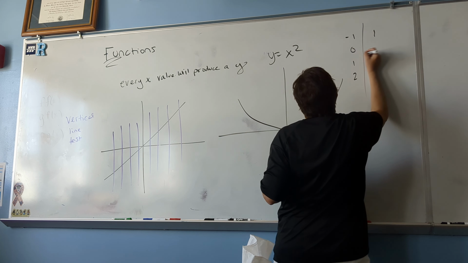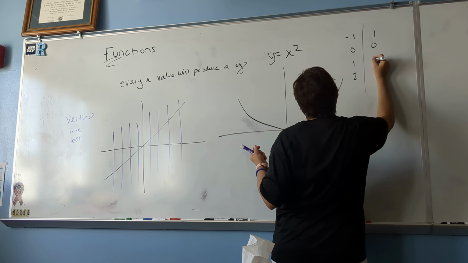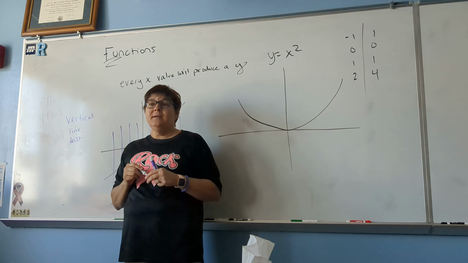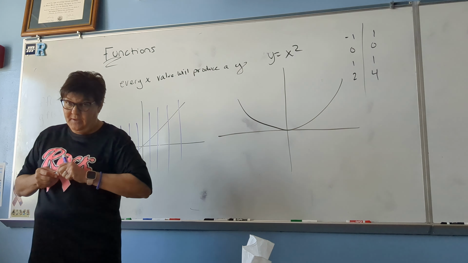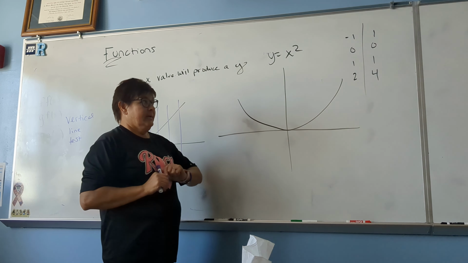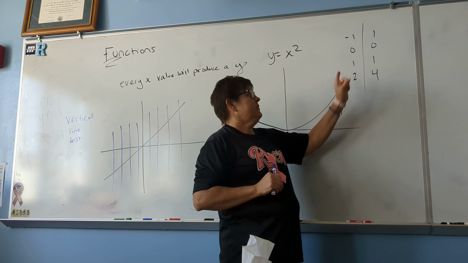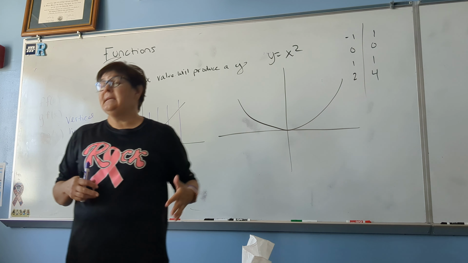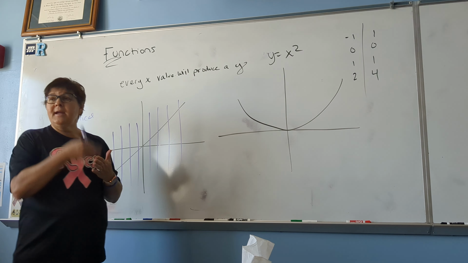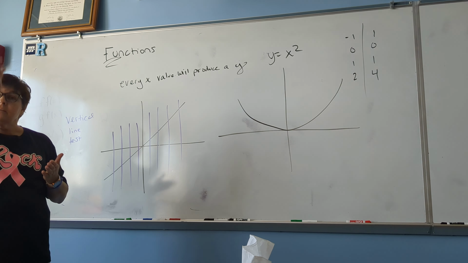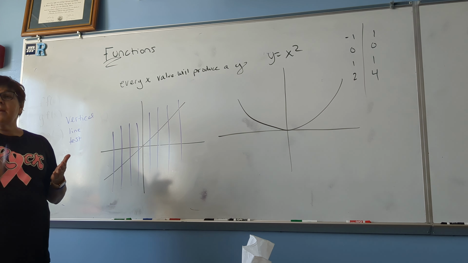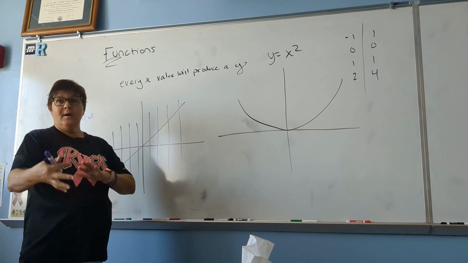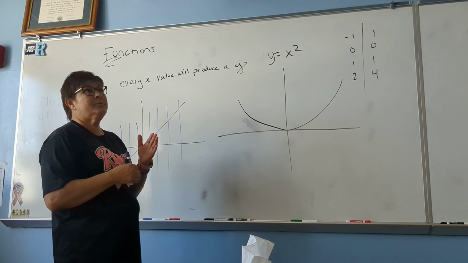What is 0 squared? 0. And 1 squared? 1. And 2 squared? 4. So is it okay for negative 1 to produce a 1, 0 to produce a 0, 1 to produce a 1, and 2 to produce a 4? Well, indeed it is. It is okay for every single individual x value, displayed once, to produce a y value. It doesn't matter if it's a duplicate y value.